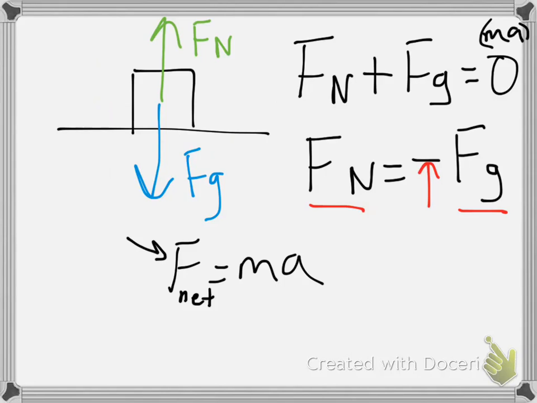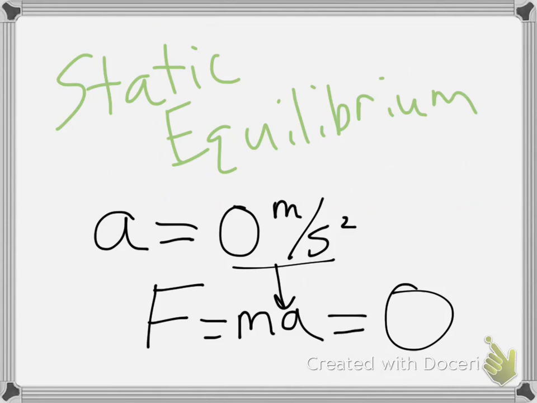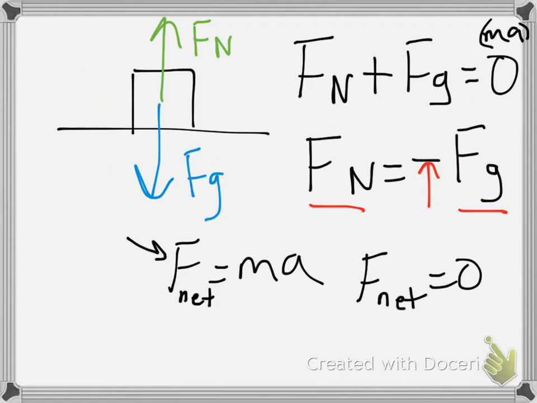What does net force mean? It just means all the forces added together, and this is what you have after you do that. In this case, our net force is equal to 0. So not just one single force, but your net force equal to 0 is required for static equilibrium to occur.